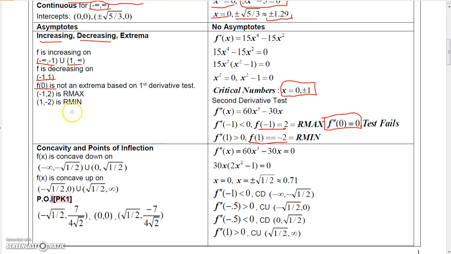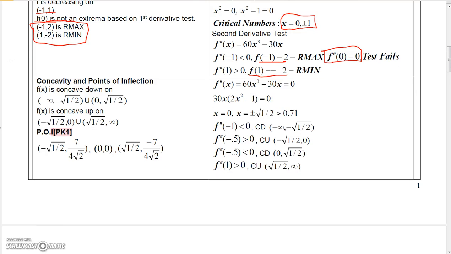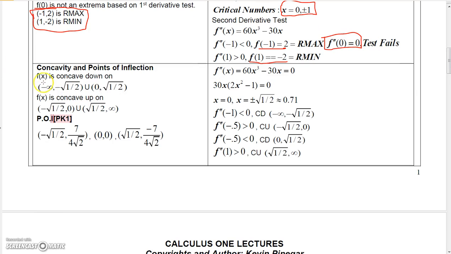And as I said over here, the points that represent your relative extrema are (negative 1, 2) and (1, negative 2). Okay, now let's talk about concavity.